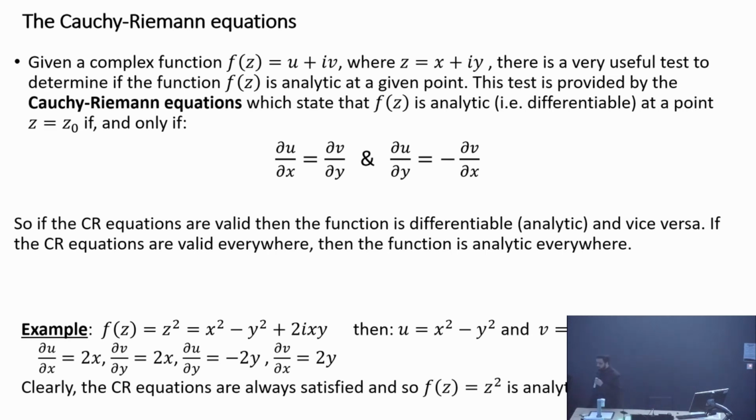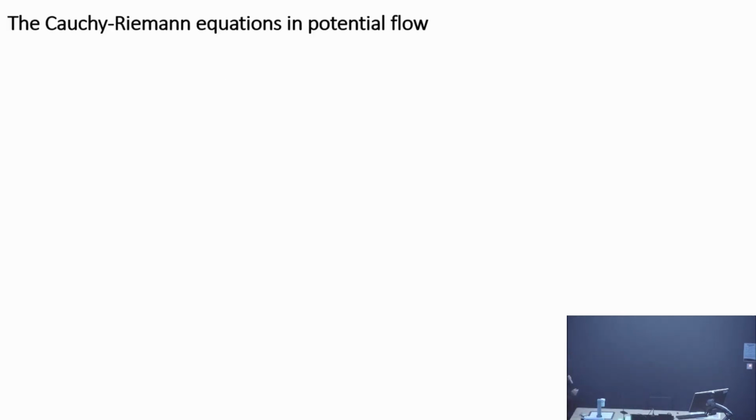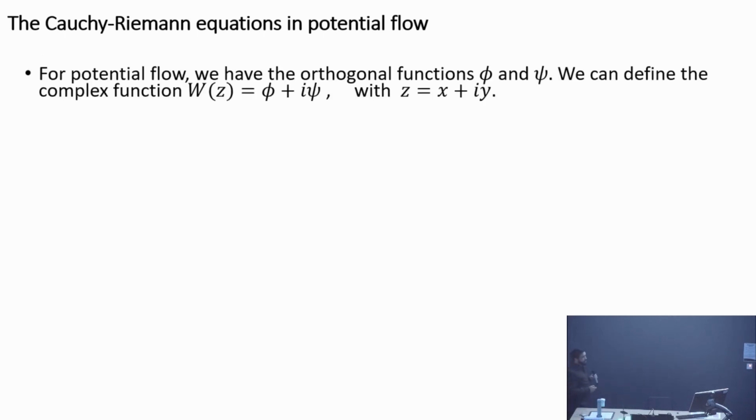Clearly, out of them, I can make up a function w of z, the same as f of z before, where the real part is phi and the imaginary part is psi. And of course, the complex number is always z equals x plus iy. That's always true. So we ask the question, is this function analytic? Or what are the Cauchy-Riemann equations we can come up with?